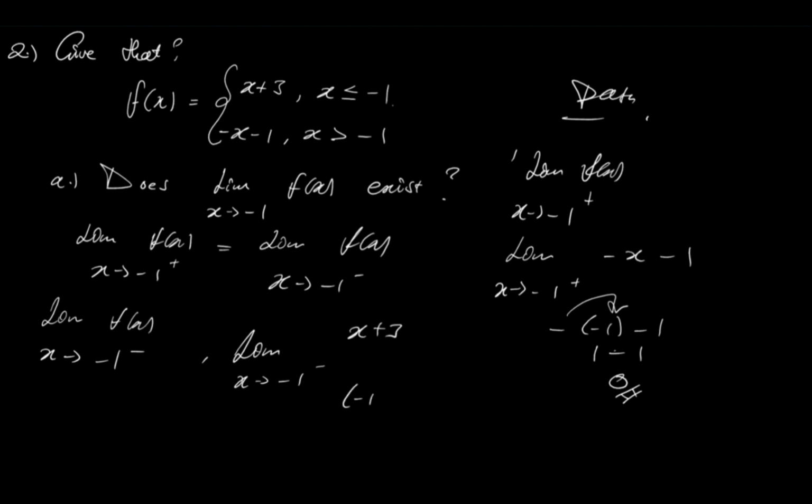If we plug in, we'll have negative 1 plus 3, and your answer being what? 2. So now, the limit as x approaches negative 1 from the negative is not equal to the limit as x approaches negative 1 from the positive. So this is not satisfied. So you say, therefore, does not exist. So that's your final answer.